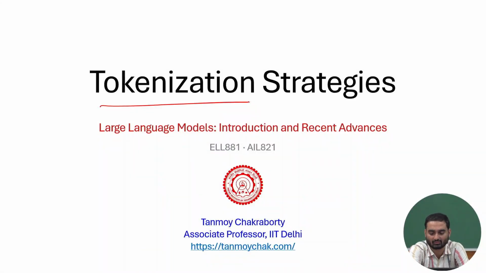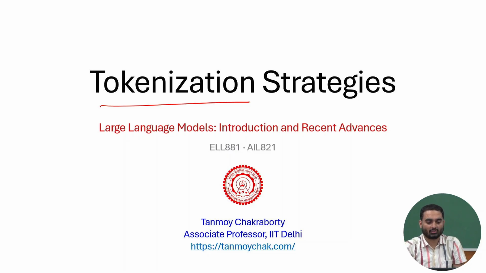So this field, the field of tokenization, has been one of the prior areas in large language models, in neural machine translation, neural language models in general. But so essentially we look at three kinds of strategies, right, for tokenization, that have been used quite heavily in different kinds of large language models.